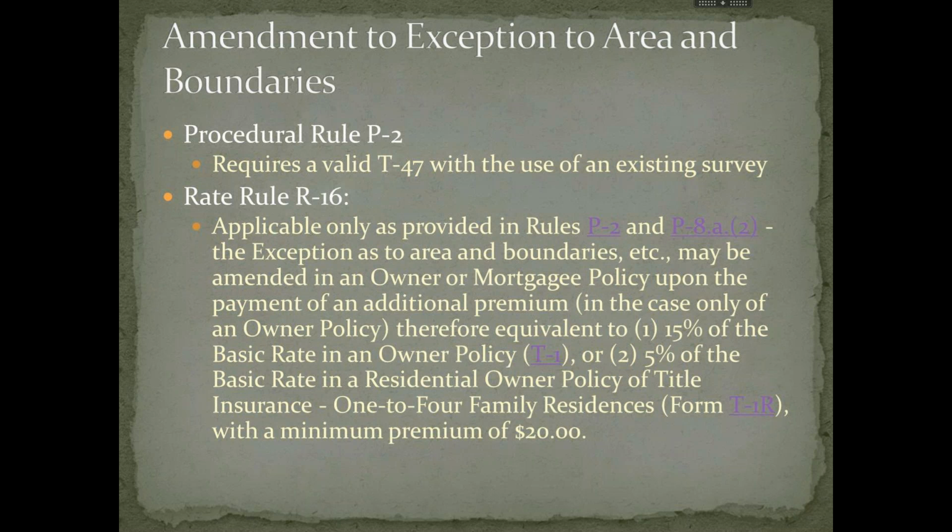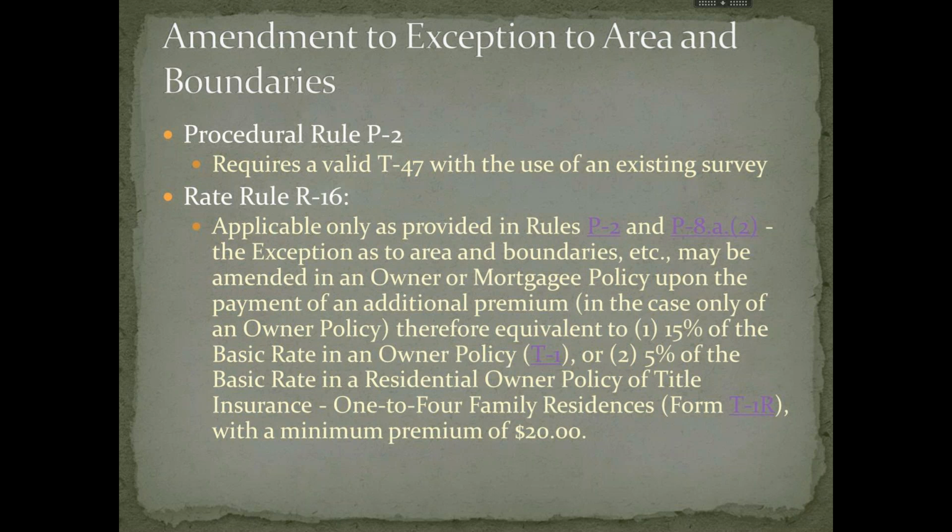And truthfully, that's an escrow error. So if there's anything to remember about this, just know that the area and boundaries coverage, the survey coverage, along with the T19, we'll get to that in a second, the cost for those endorsements depends on what type of policy you're issuing, right? So you need to be extra careful when you're determining which type of policy you're issuing, right?